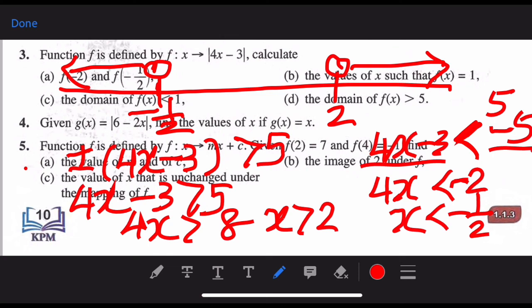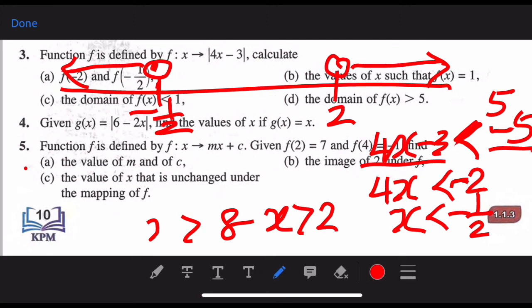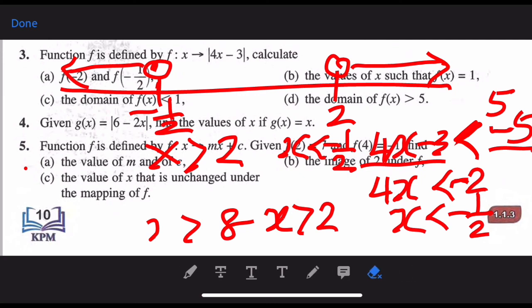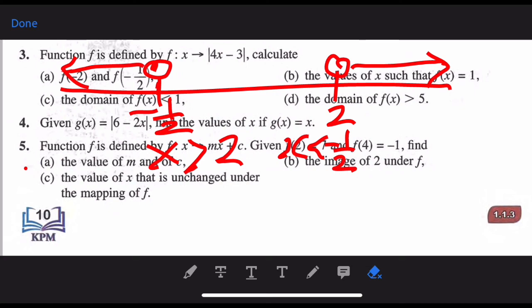So it seems like you're having two sides, separated. So the answer for this inequality is x less than negative half or x more than 2. This is how you solve the modulus.